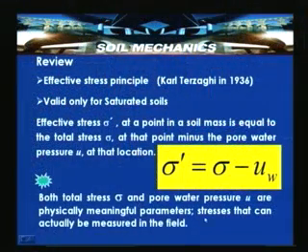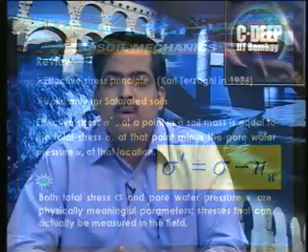Sigma is the total stress which may be a result of the overburden, the soil above the point under consideration, and UW is the pore water pressure, which varies from the top of the water surface to the point under consideration. One thing we should note is that total stress and pore water pressure are physically meaningful parameters in the sense that they can be measured in the field.